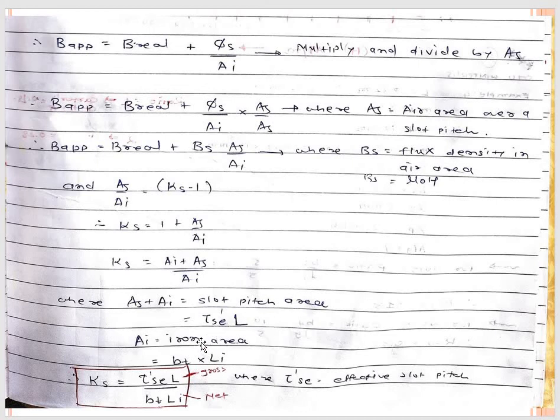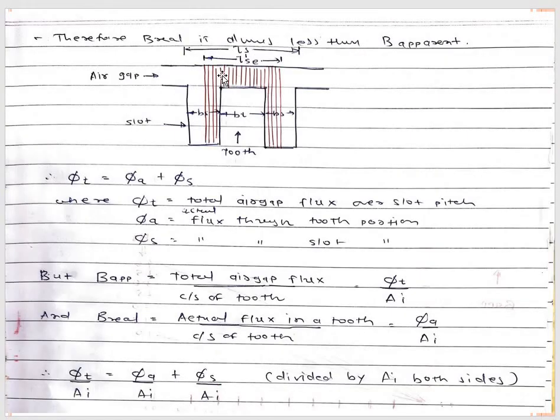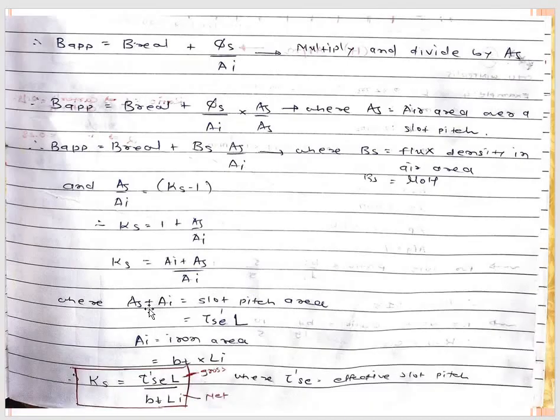Again, the slot pitch area is given by tau S into the gross length L. Now AI is the iron area and AS is the air area over a slot pitch.